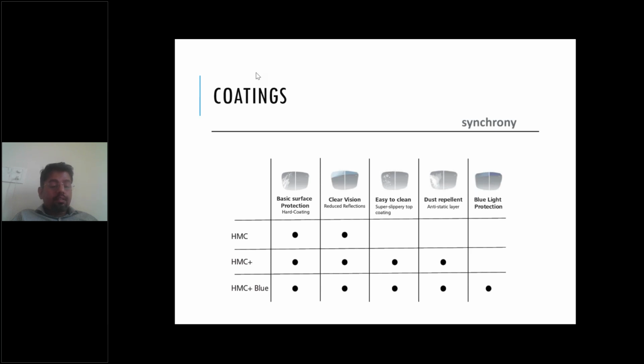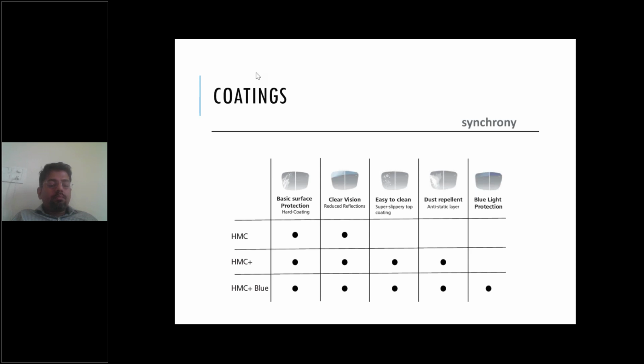Yes, I'll take the questions now. Diksha asks which one is the best, CR39 or polycarbonate. Well, Diksha, in terms of high index lenses, we don't have many options. When it is more than 1.6 index, most of the lenses are polycarbonate. The transparency of polycarbonate is lesser than CR39, but in high index lenses, polycarbonate lenses are used.